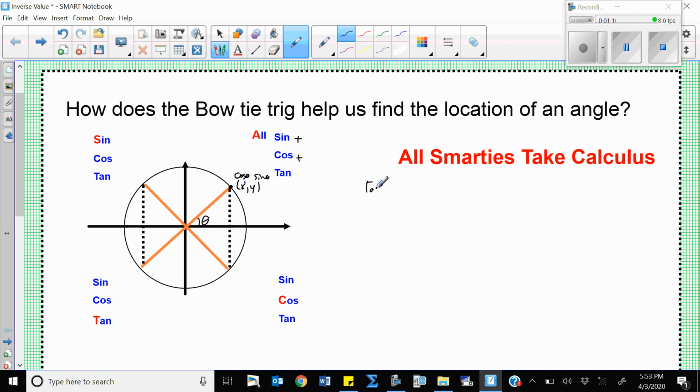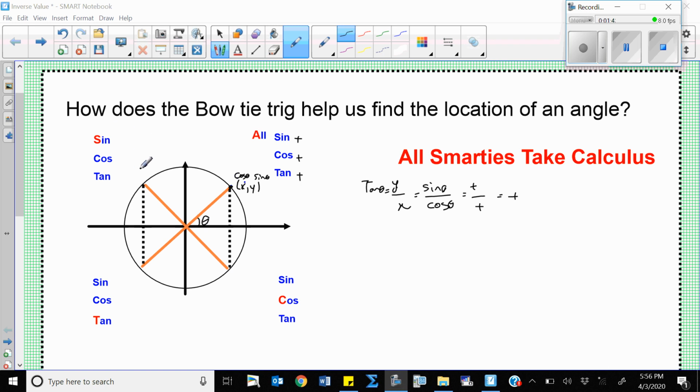We know that tangent of theta is y divided by x, or we can also say sine divided by cosine. So because sine is a positive value and cosine is also positive, then tangent is positive divided by positive, which is a positive value. So tangent is also a positive number.